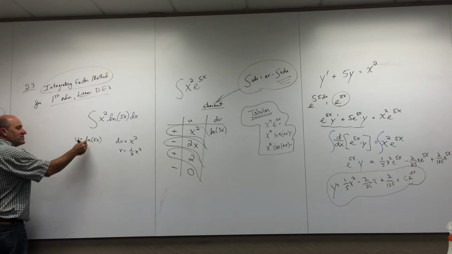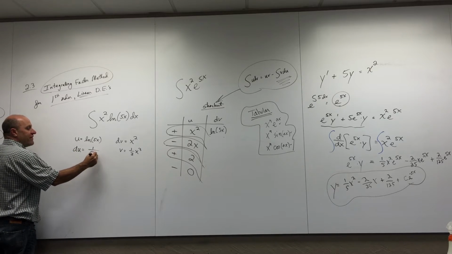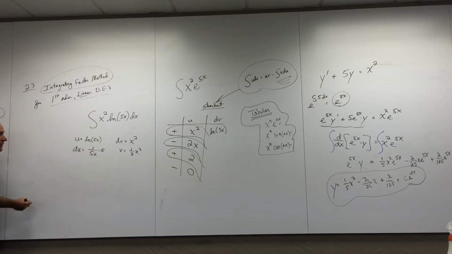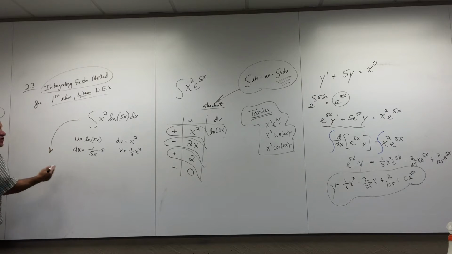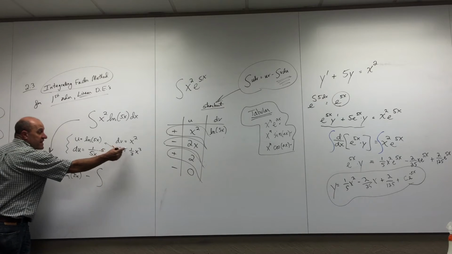But what's the derivative here? 1/5x times the 5. I don't know why we got stuck doing this problem now, but that's okay. This is real live integration by parts, not the tabular method, and watch how beautiful it works. The answer is uv, according to the formula up there, minus the integral of v du.